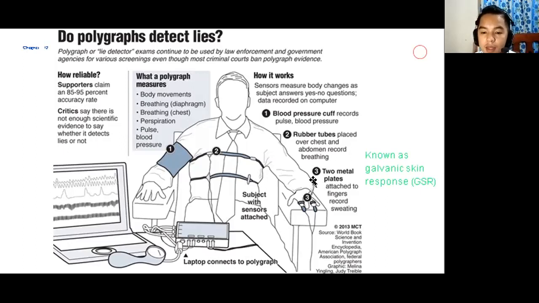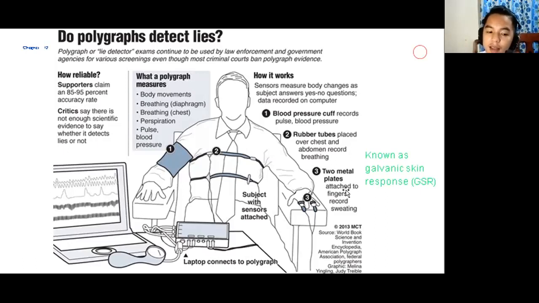And the third also measures the sweating of the person, in which two metal plates are attached to two fingers of the person, and the sweating here is known as the galvanic skin response, or the GSR.